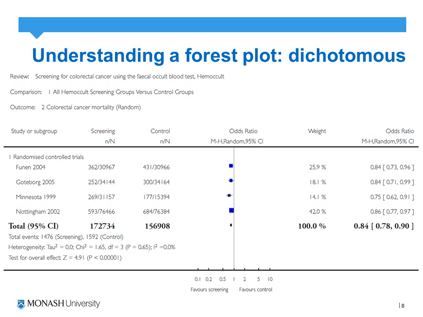And then finally, interpreting, I guess, the meta-analysis itself. So in this case, the authors have decided to use the odds ratio. We're looking at the effectiveness of screening versus not screening with the FOBT in terms of reducing colorectal cancer mortality.